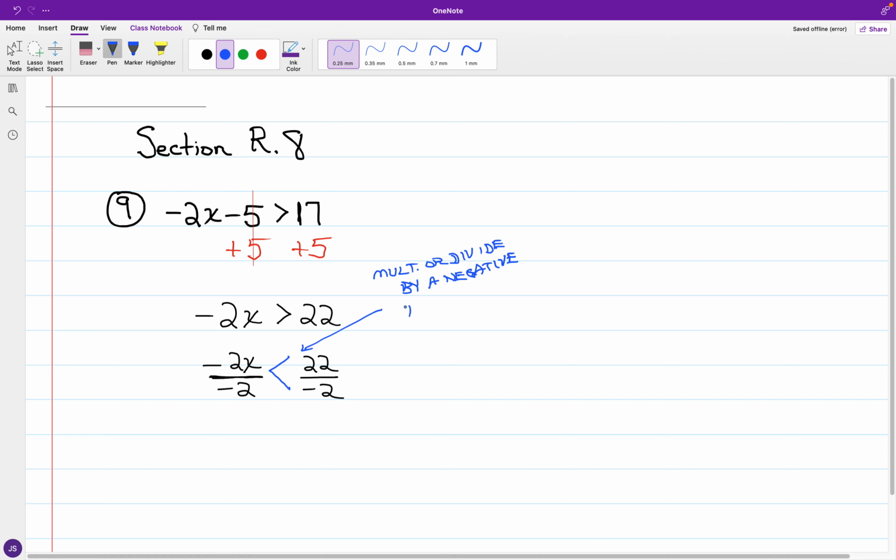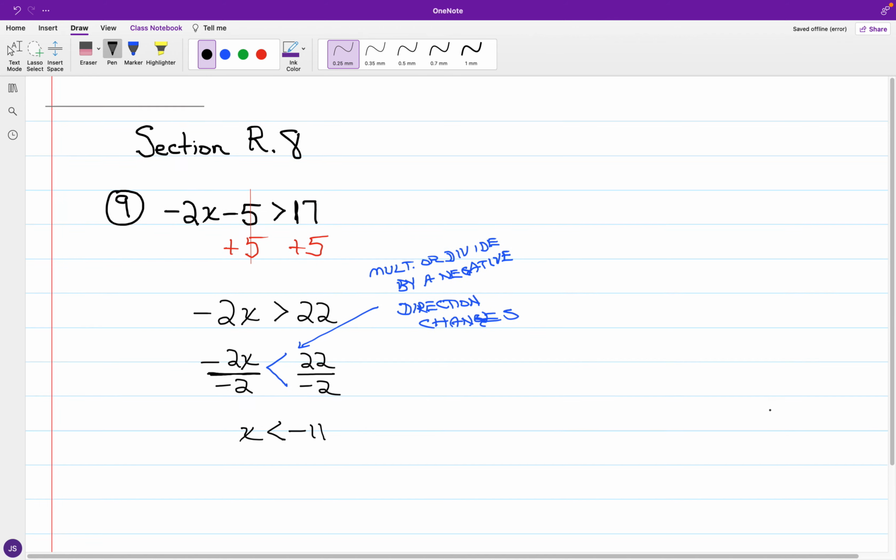So we have negative 2x over negative 2, which is going to be x, and in turn we have x is less than negative 11. This is going to be our inequality solution.